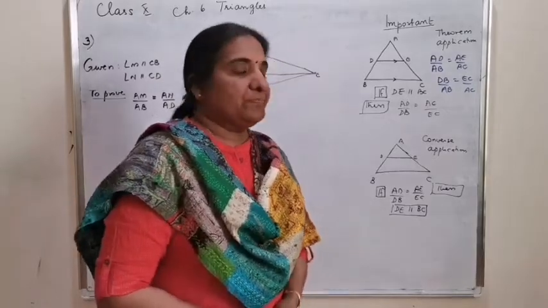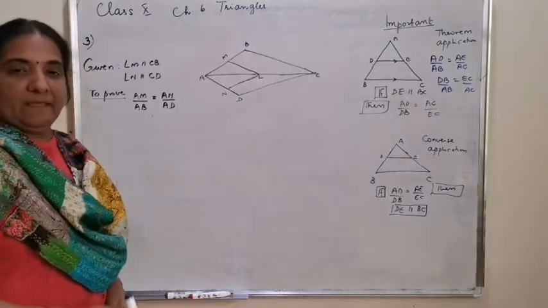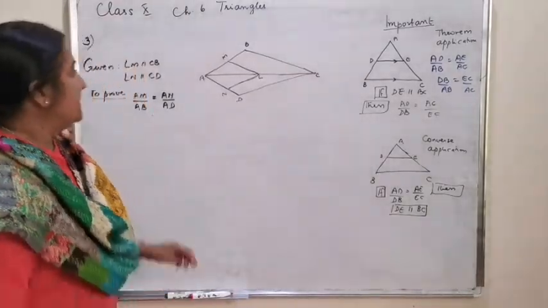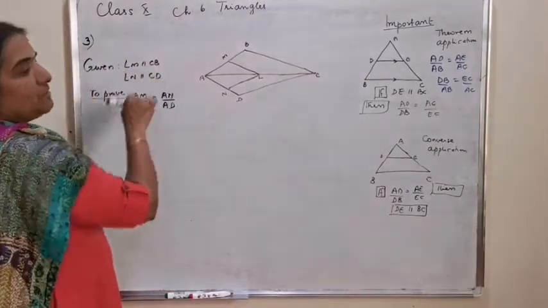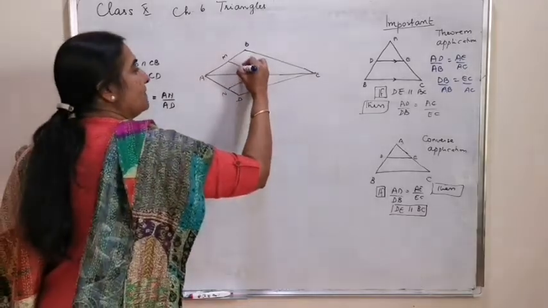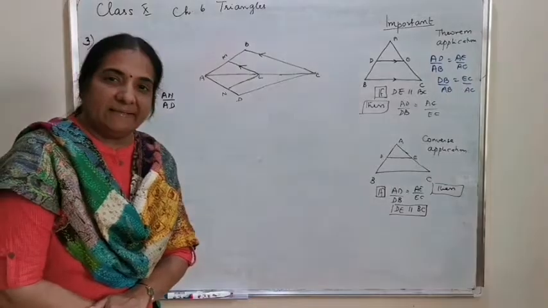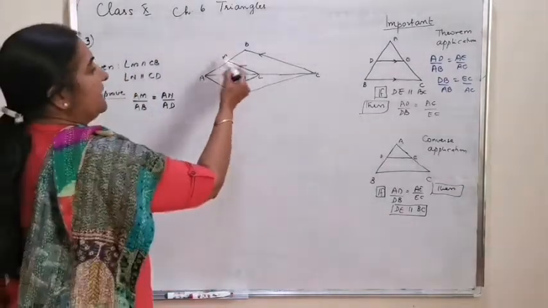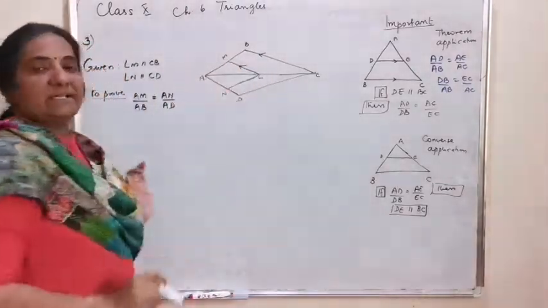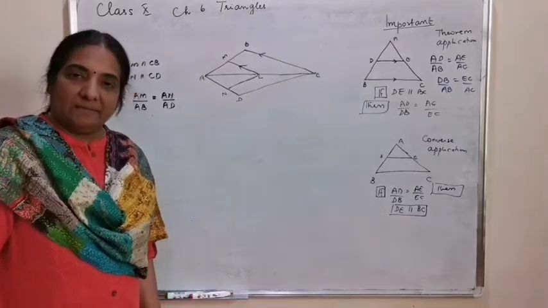Question number 3. In the given figure, LM parallel to CB, and LN parallel to CD. If you mark the parallel lines in this manner, very clearly you can identify the triangles in which the lines are parallel.